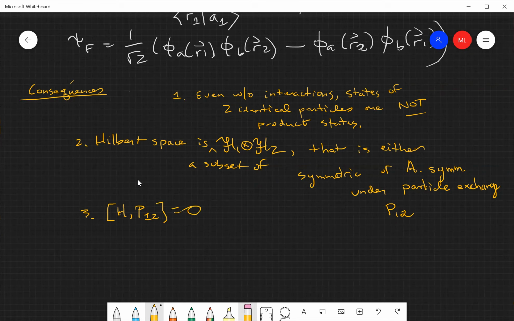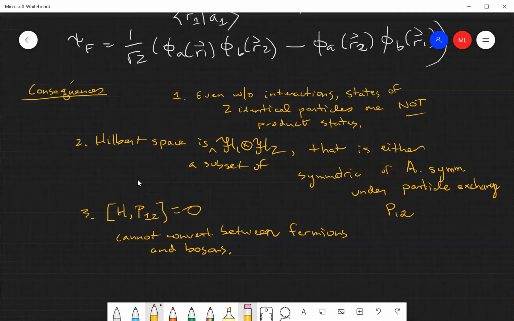So we cannot convert between fermions and bosons. Once a fermion, always a fermion, once a boson, always a boson under any kind of Schrödinger evolution.